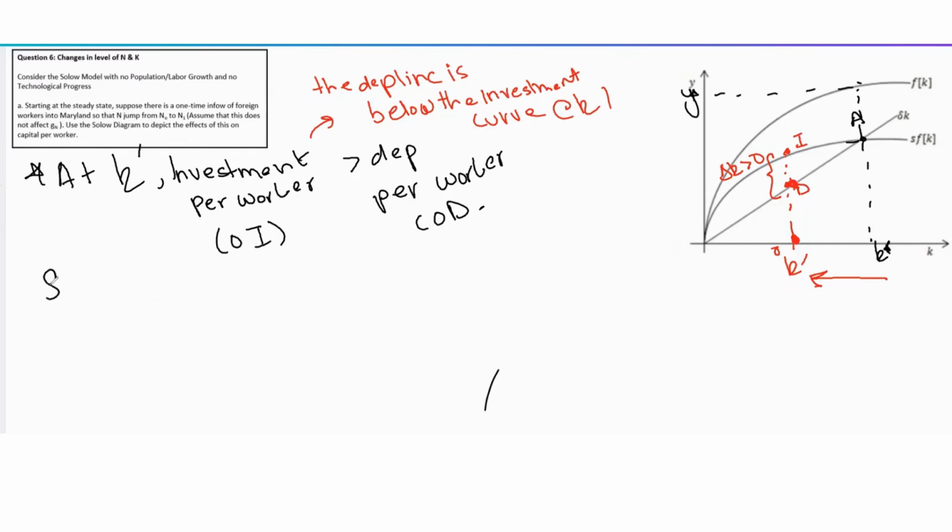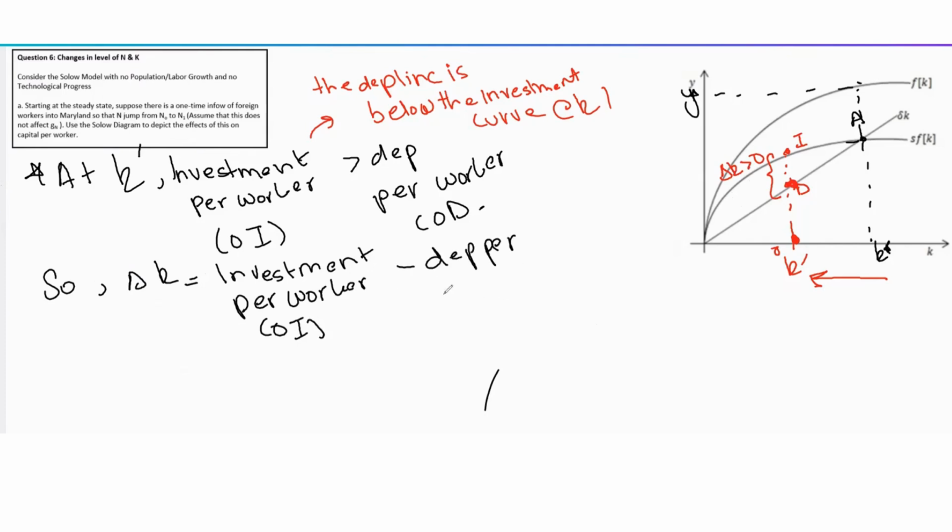So delta k, which is investment per worker OI minus depreciation per worker OD, is greater than zero. If you remember, this is our per worker capital accumulation equation: a change in capital per worker is investment per worker minus depreciation per worker. At point k prime, OI is greater than OD, so the difference between them, the change in capital per worker, is greater than zero.